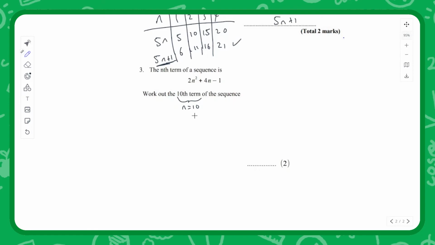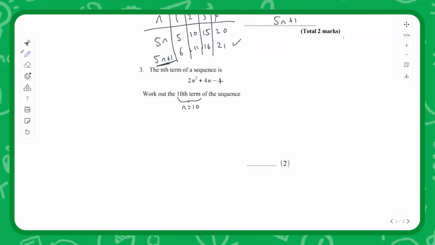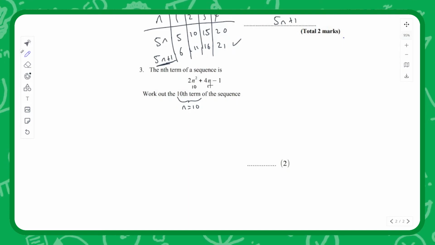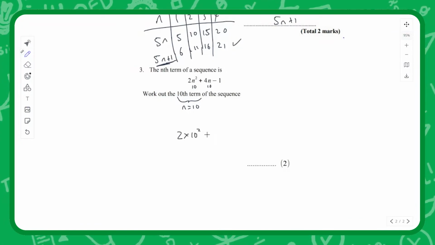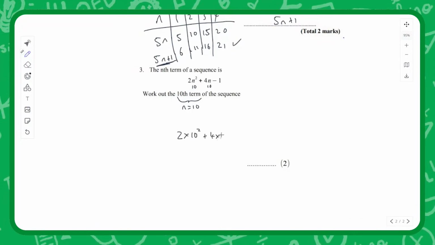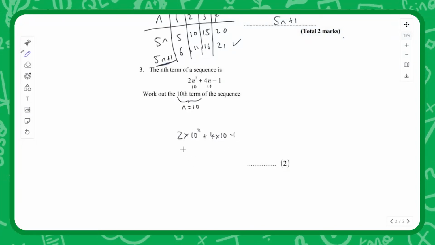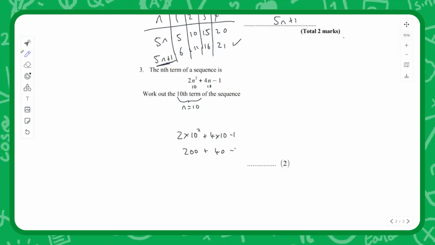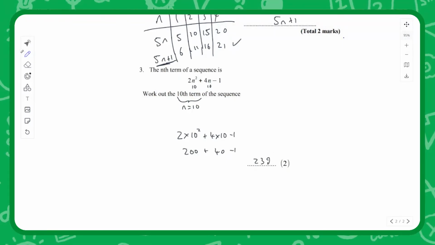And so what I do is I take 10 and I put it into this expression. So what we end up with is 2 times 10 squared plus 4 times 10 minus 1. Well, 10 squared is 100 times 2, it's going to be 200. 4 times 10 is 40, and minus 1. So we get 239 as our answer.